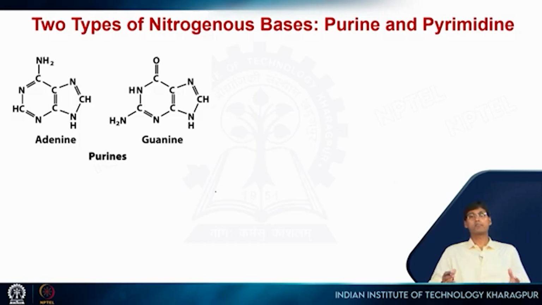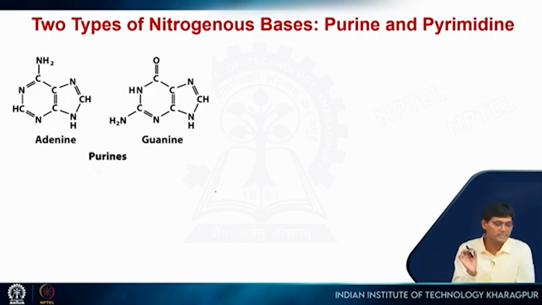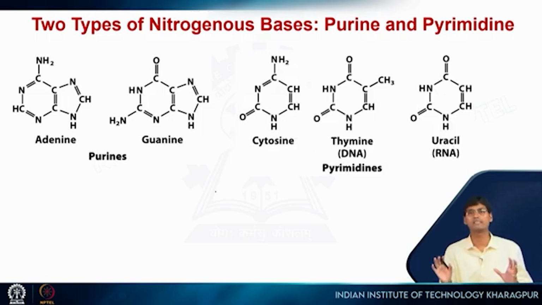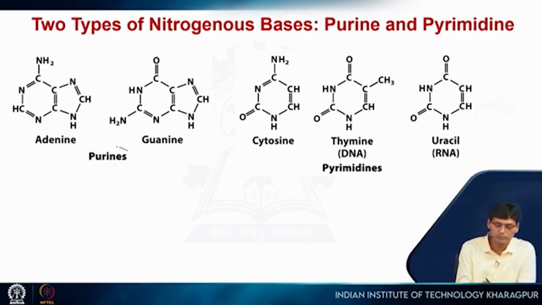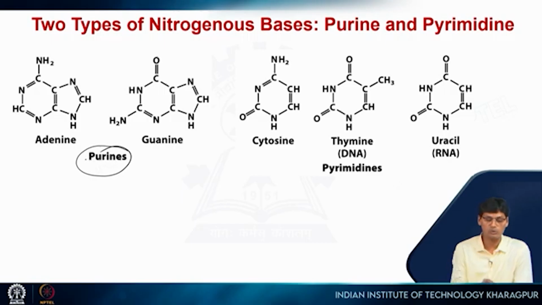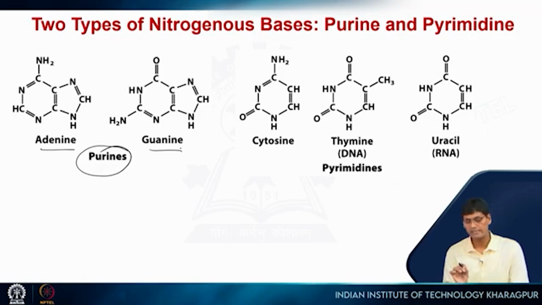Now, about the nitrogenous bases, which are the major component apart from sugar. This is also a major component present in nucleic acid. There are two flavors of bases present in nucleic acid. One flavor is purine. They are much bigger, like adenine and guanine. And for pyrimidine, we have cytosine and thymine.